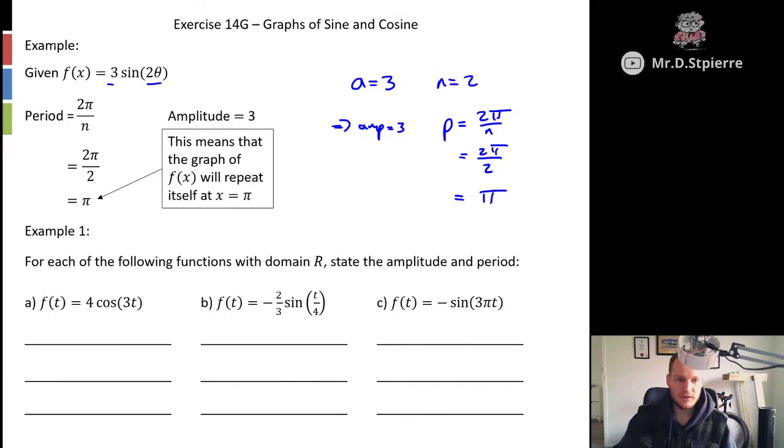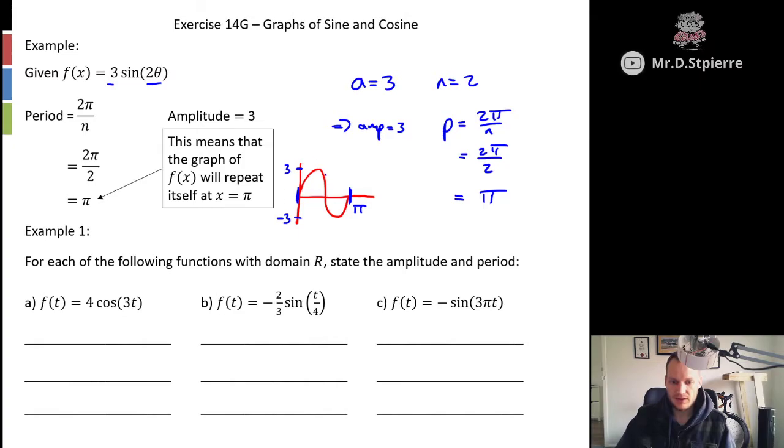So what does that mean? Just quickly, may as well do a little sketch. It's a sine graph, so it looks like that. What has happened though is my amplitude up to the max now is 3 and -3, and then the time it takes to repeat itself is our period, so that's going to be pi there.